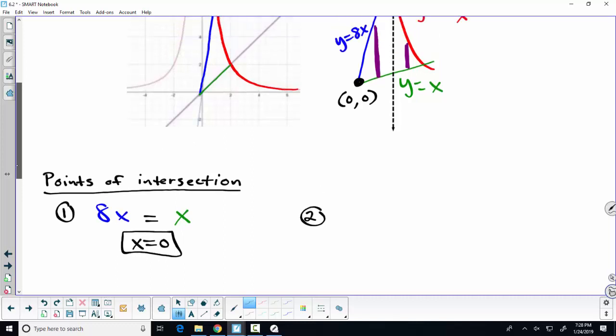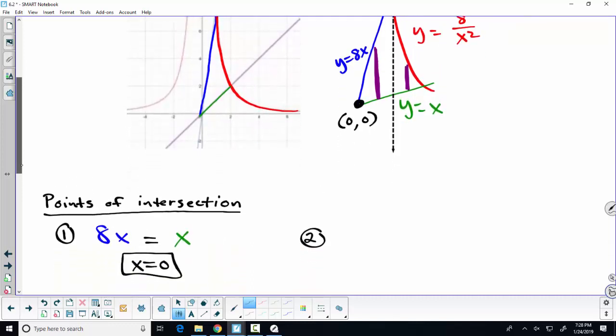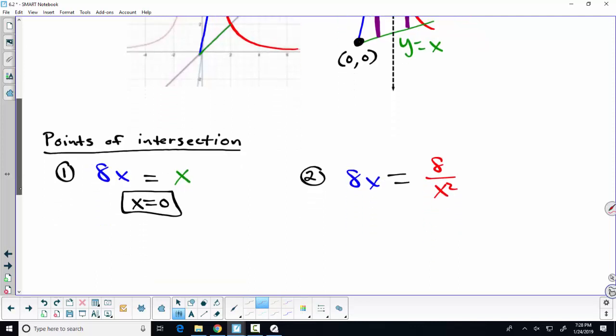All right, then we can find where the blue and the red intersect. So where does 8x equal 8 over x squared? How are we solving that? Multiply both sides by x squared. 8x cubed equals 8, x cubed equals 1.